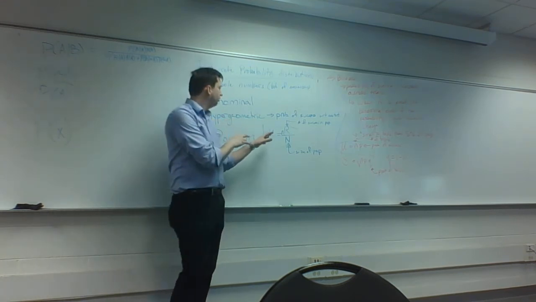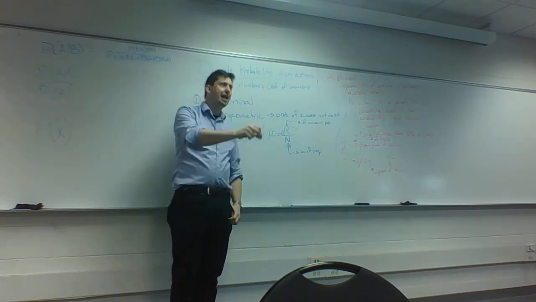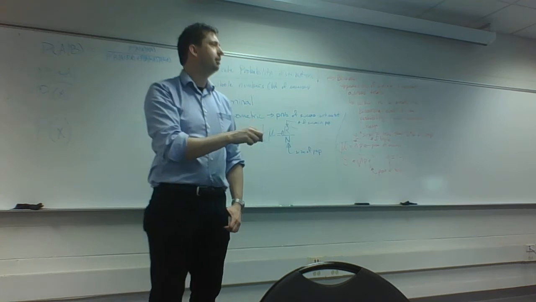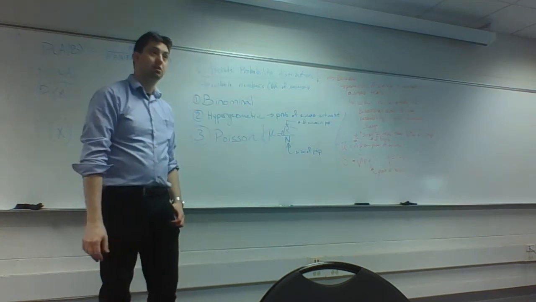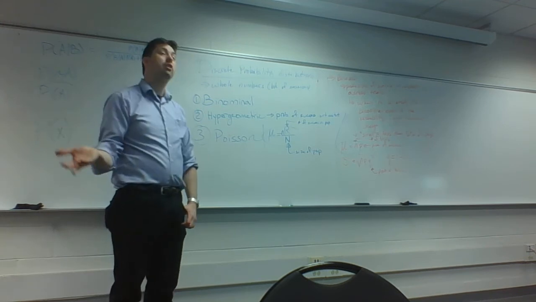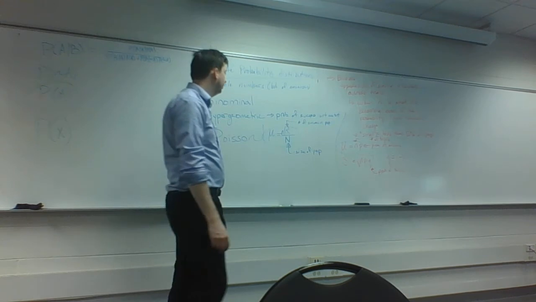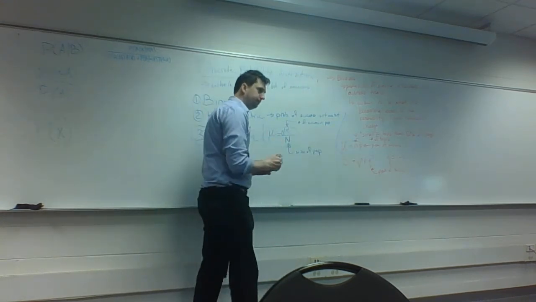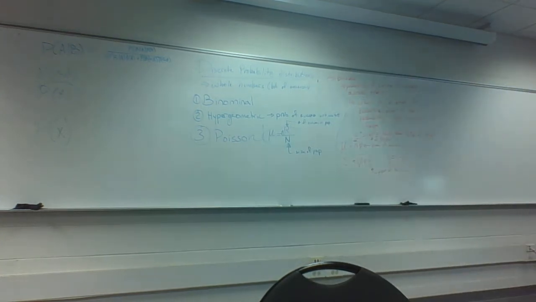The issue is when we talk about the likelihood of getting 3. That's when things get complicated. But on average, I would expect 3. How likely that average is a different question entirely. So this is very similar. Any questions?